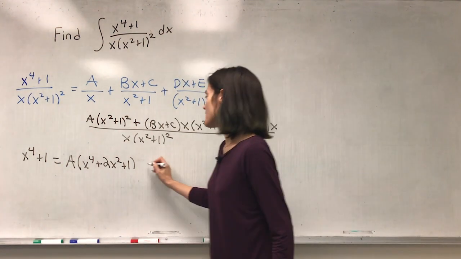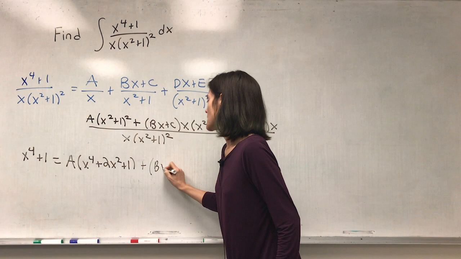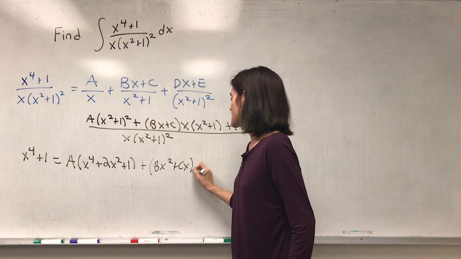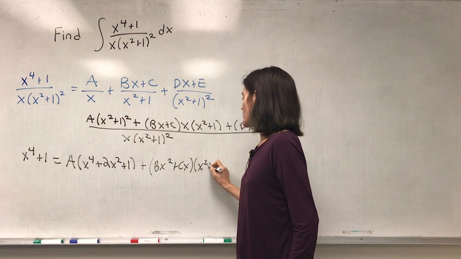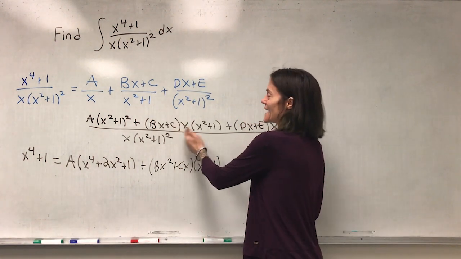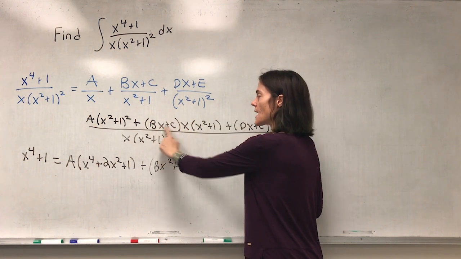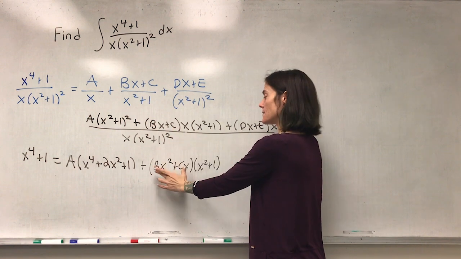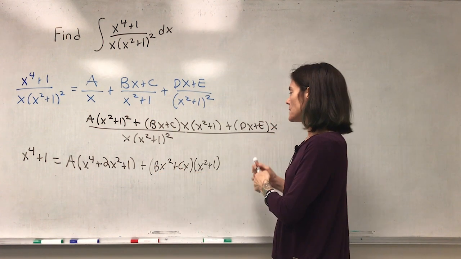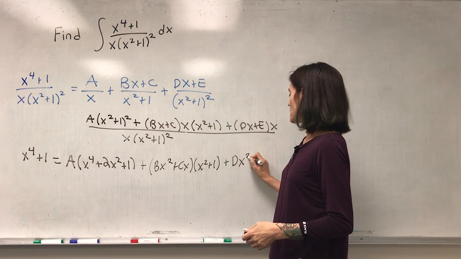Then I have, oh goodness, I will do this in 2 steps actually because I have a lot going on here. (Bx squared plus Cx) times (x squared plus 1). I haven't fully multiplied this term out because you see I have 3 things multiplied together, but I distributed the x here and the x here. So now I have (Bx squared plus Cx) times this, and then my final piece I can multiply out.